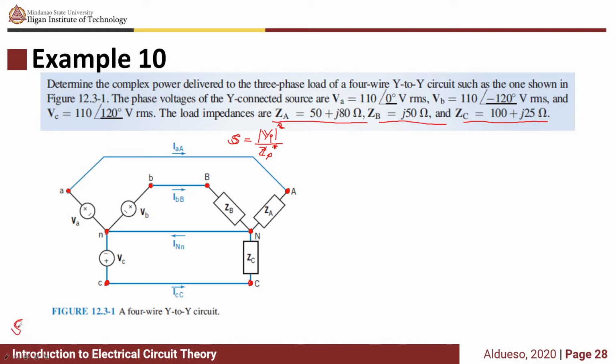For ZA, SA, the complex power of A, is just equivalent to 110 squared over 50 plus j80 conjugate, which is equivalent to 7.98 plus j108.76 VA.